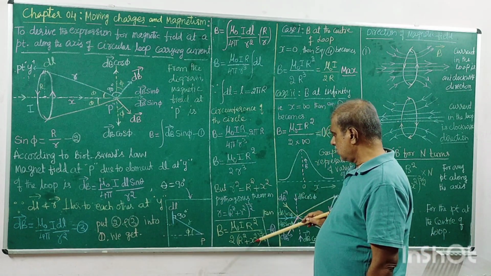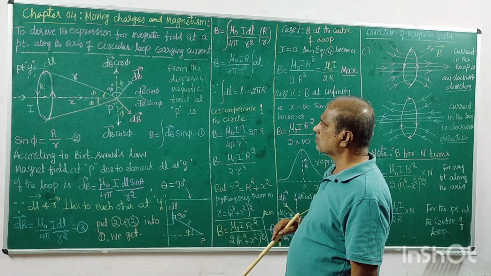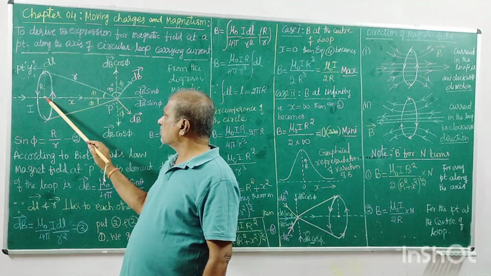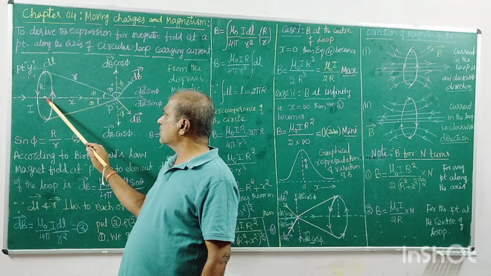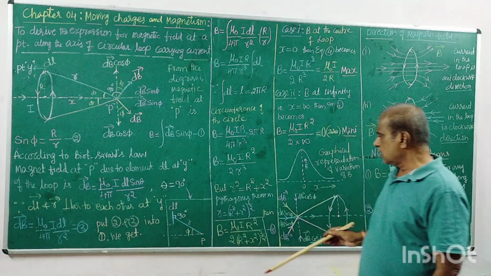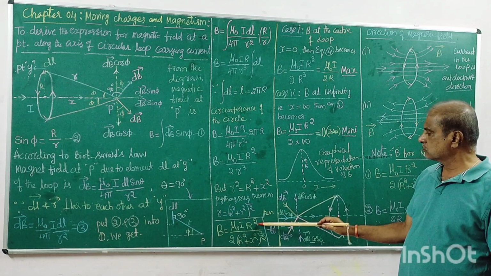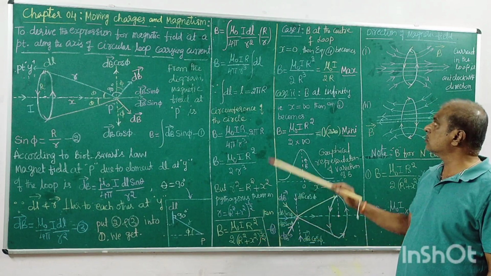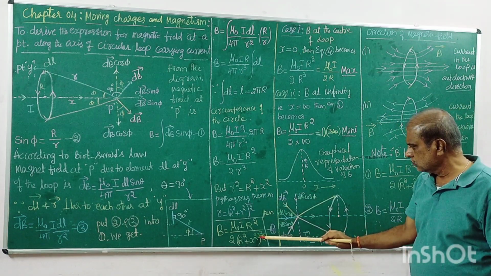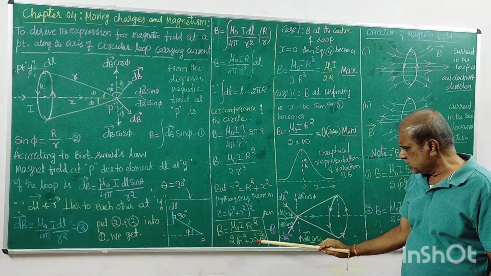If x equals 0, x equals 0 means when the point comes here, the point is at the center of the circle. Let us see what is the expression we get. Substitute for x equals 0 and simplify. That is 0.